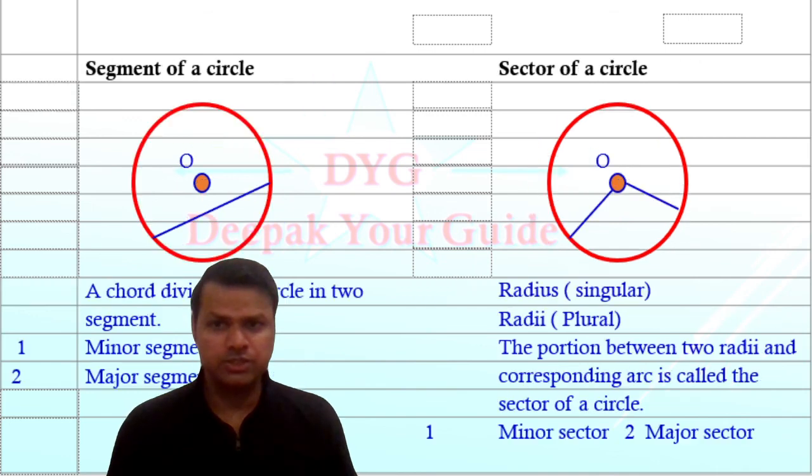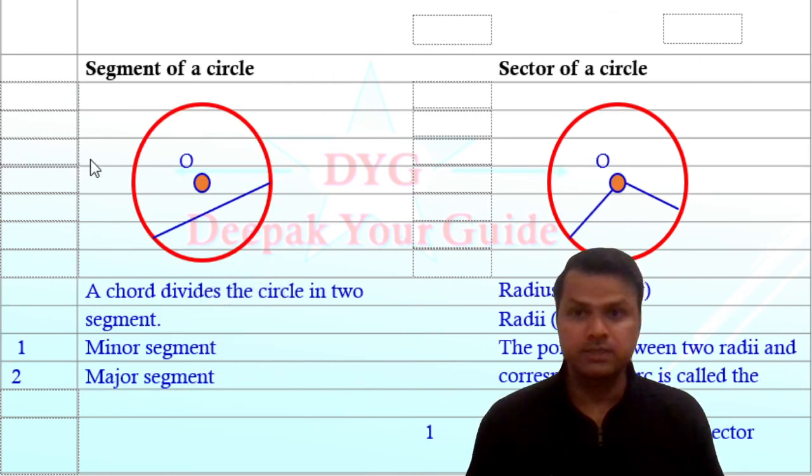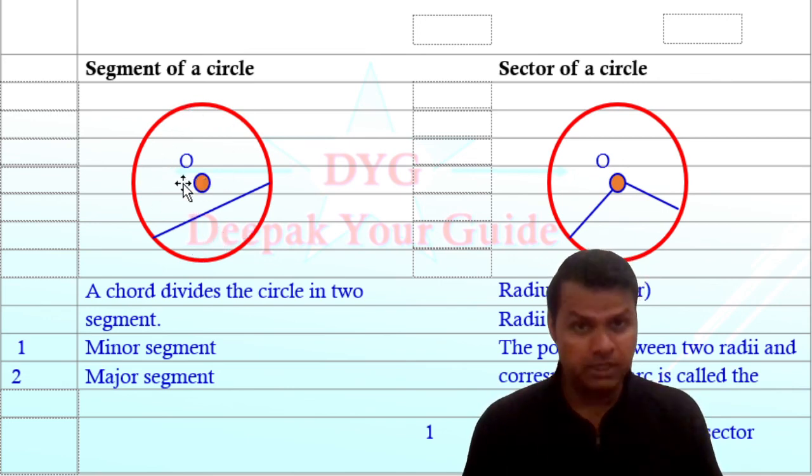And after the discussion, we discussed about what is the segment of a circle. So segment of a circle is a chord dividing the circle in two parts. So chord and this corresponding arc. Whatever portion that we see here, this portion is known as the segment. The small one is called the minor segment and the big one is called the major segment.